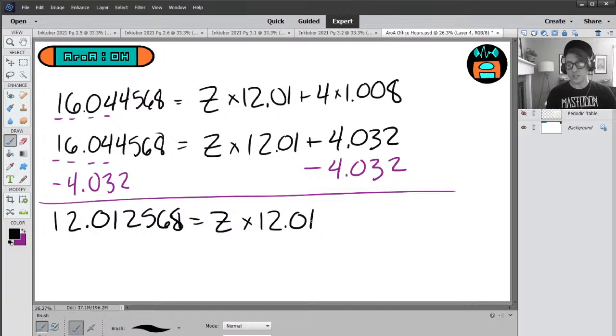And now we can solve for z by dividing both sides by 12.01.